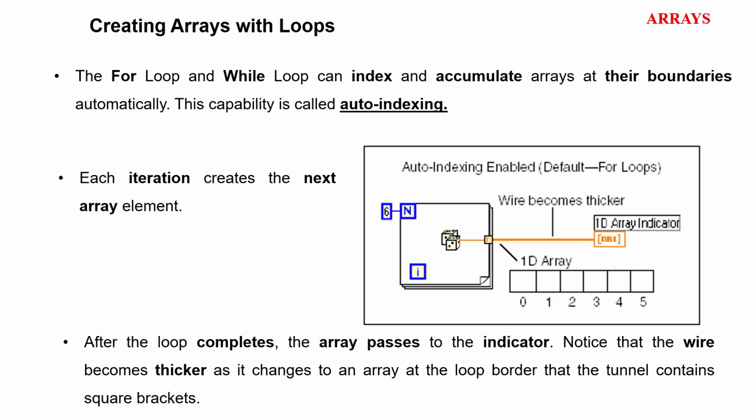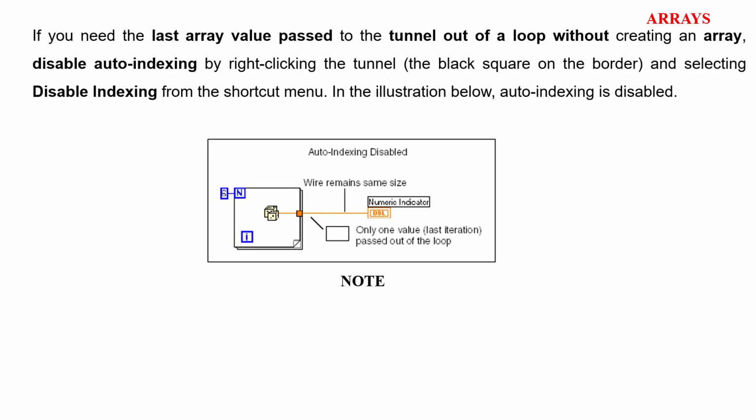Notice that the wire becomes thicker here, as it changes to an array at the loop border, and that the terminal contains square brackets here. If you need the last value passed to the tunnel out of the loop without creating an array, you just disable the auto-indexing.